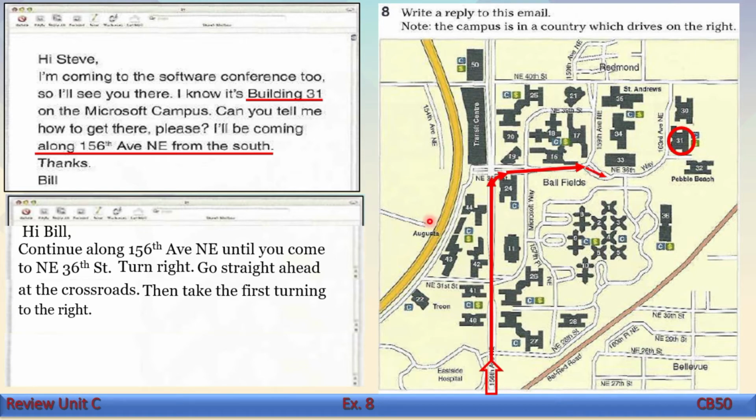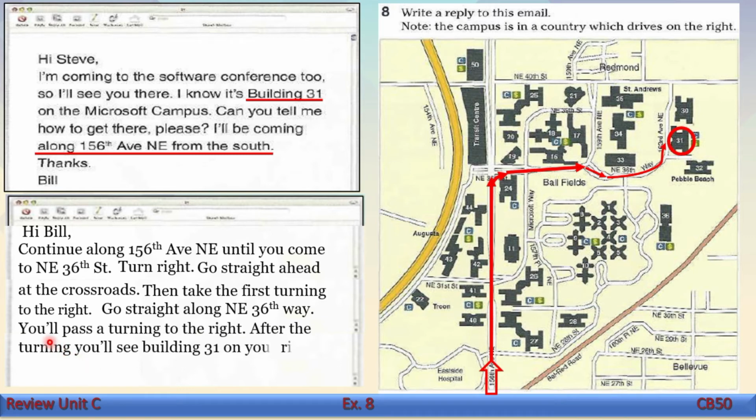And what next does he need to do? Very good. So he needs to go straight along NE 36th Street, okay? And what happens there? You will pass a turning to the right. This is the turning to the right. After the turn, you will see building 31 on your right. Great.